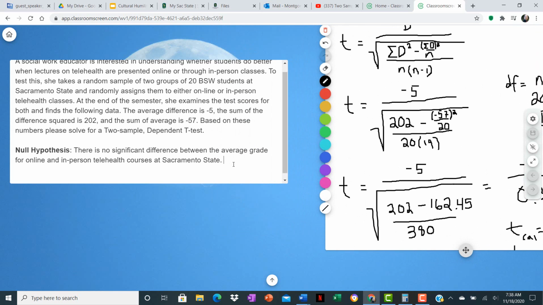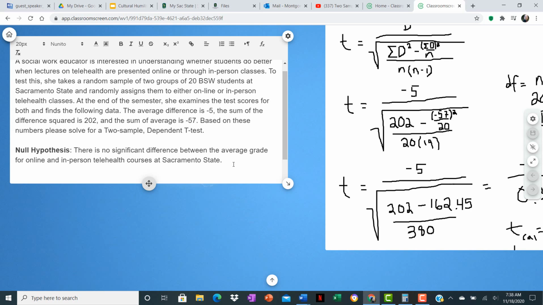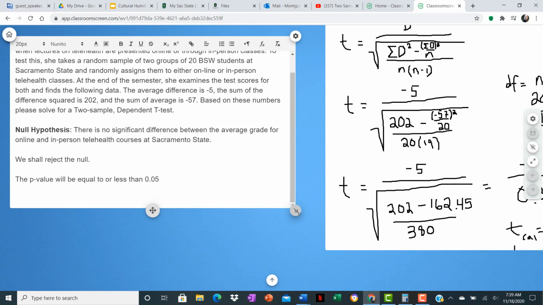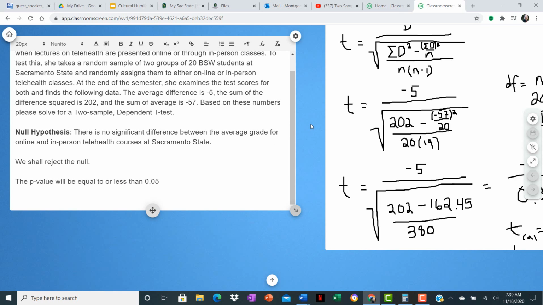In this particular case, we shall reject the null. And now you know one more thing: if we rejected the null, the p-value will be equal to or less than 0.05. So that was how you solve that one.